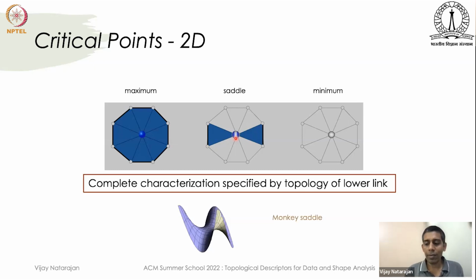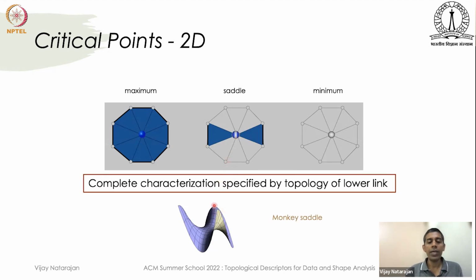Of course, things in practice are not as easy as the theoretical situation where we handle smooth functions. What happens in practice is you can have so-called monkey saddles. This doesn't happen for smooth functions.